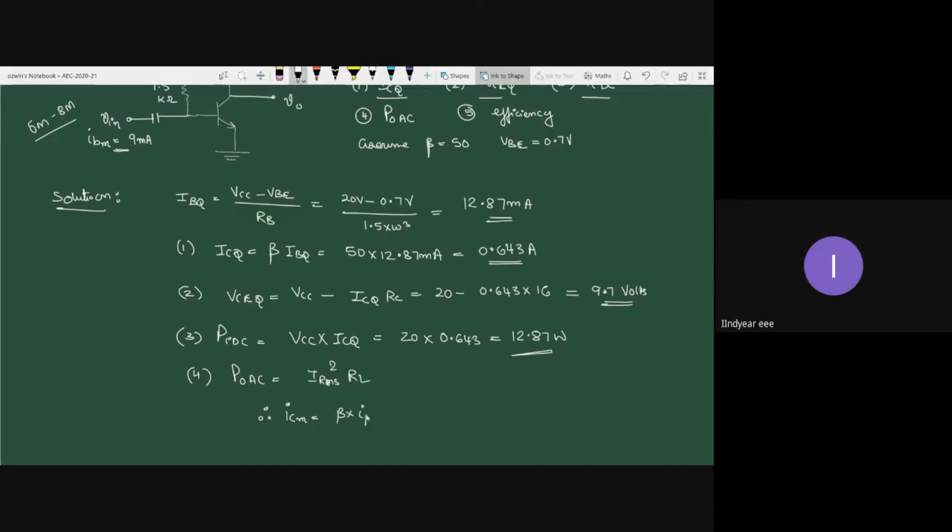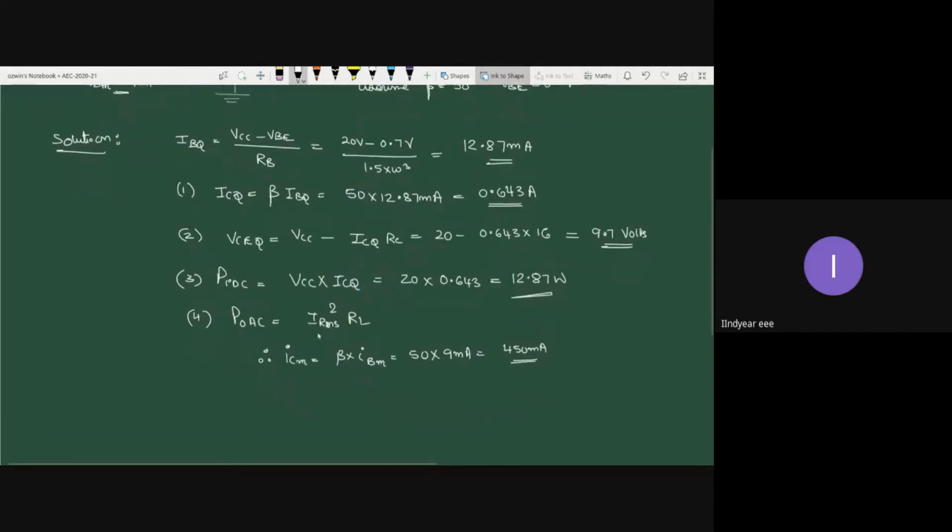beta times the maximum value of base current, IBM. So that is 50 times the maximum value of base current. How much is it? 9 milliamperes. Okay. So that is 450 milliamperes. So that is the maximum value. Now RMS value.